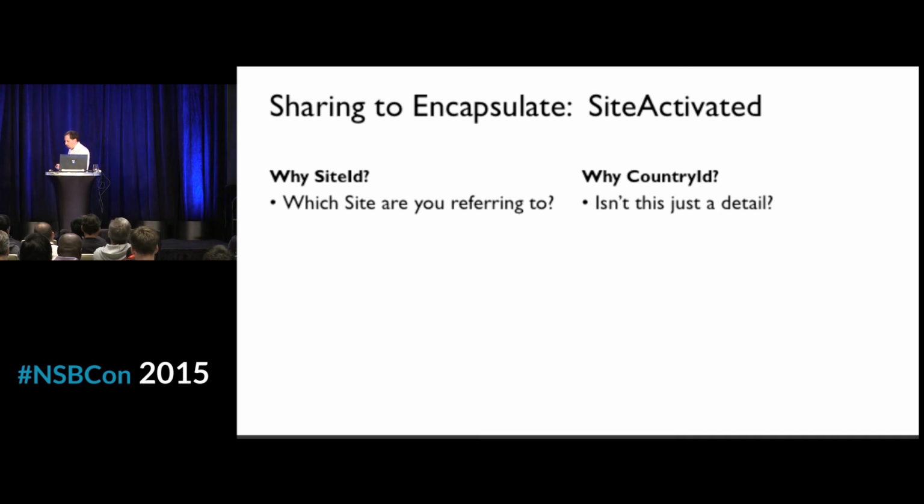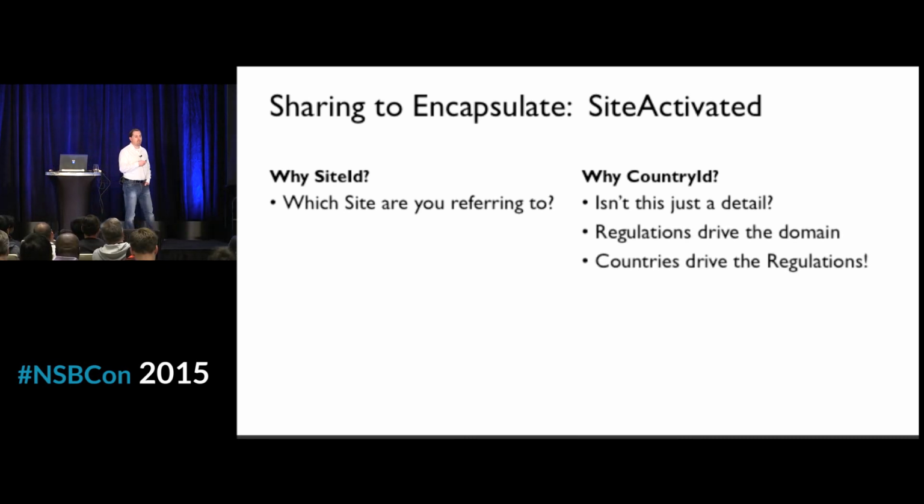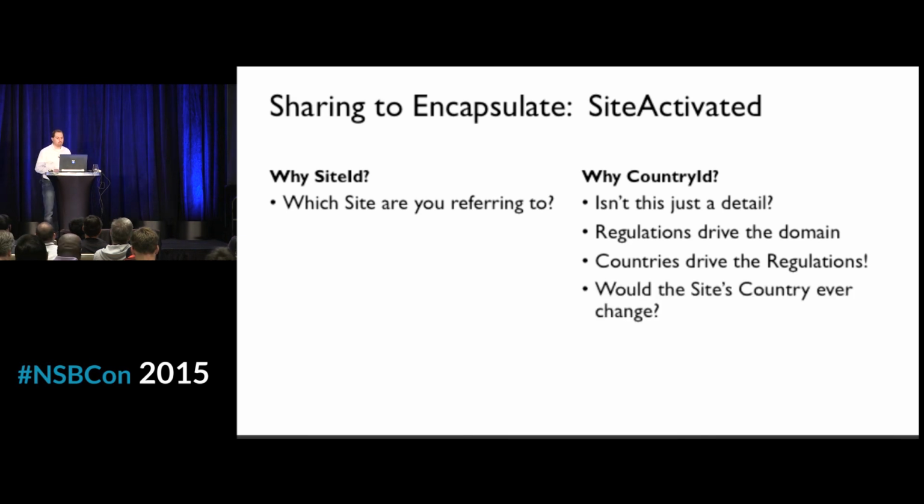So what I learned was that one of the things that drives a lot of the things in this domain are the regulatory concerns. What drives the regulations? The countries themselves. So it turns out that countries were not only a stable part of the domain, but they were central to it.